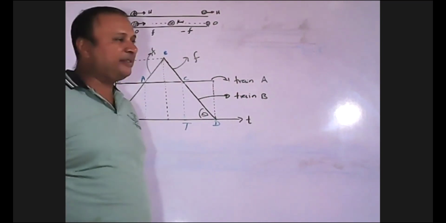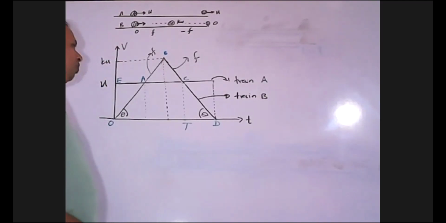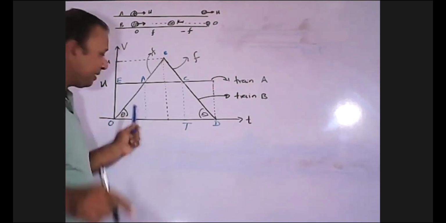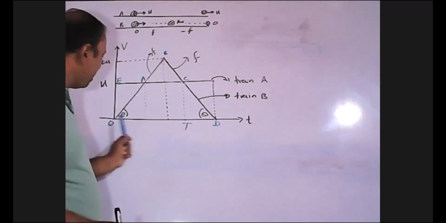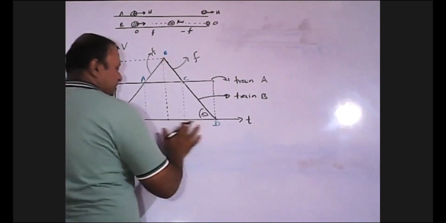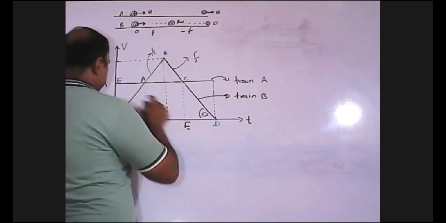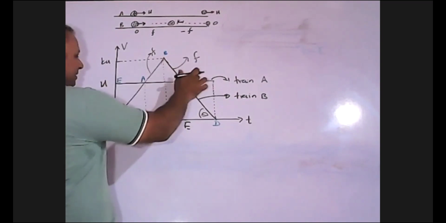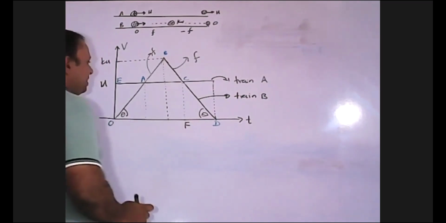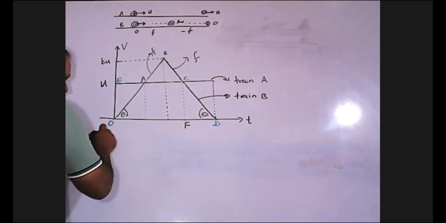You have to take the area under the graph. So the displacement of A when it comes to point C means this area, the OECF area.